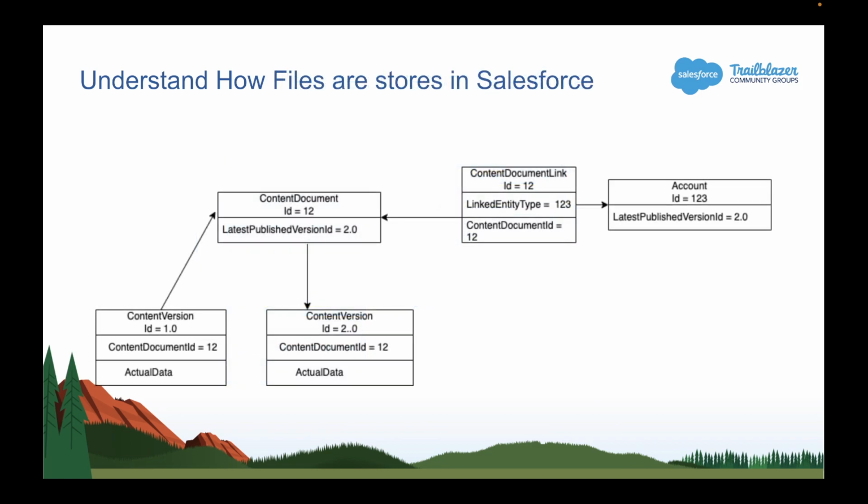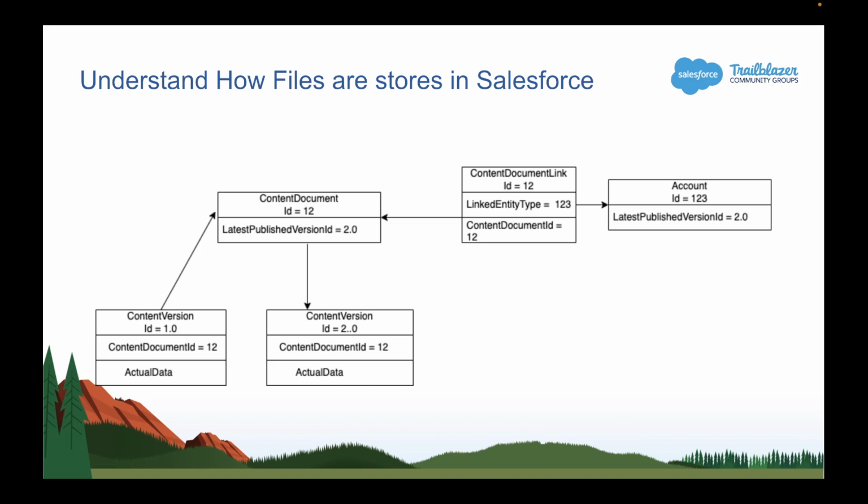This is another chart, to let you visualize how this is stored. If we can see, I have two versions of a file: content version ID equal to 1.0 and content version ID equal to 2.0. Our actual files or images are stored in my content version object, and my content document, if we can see, points to the latest version, that is 2.0.